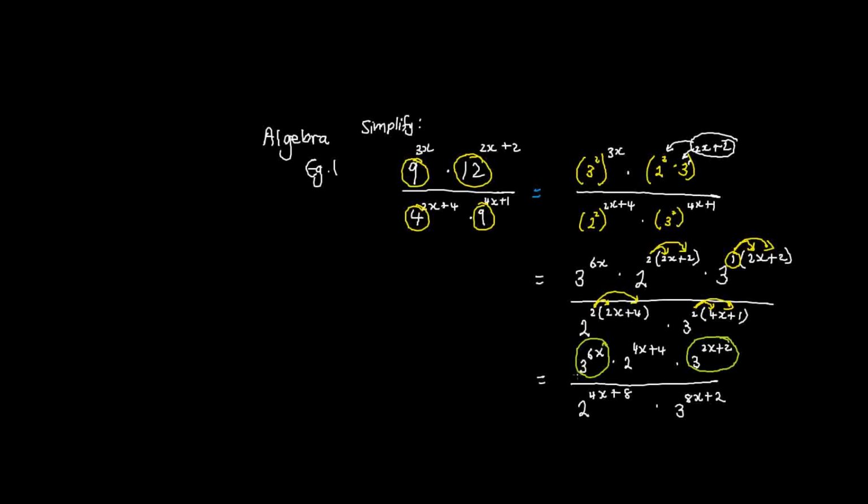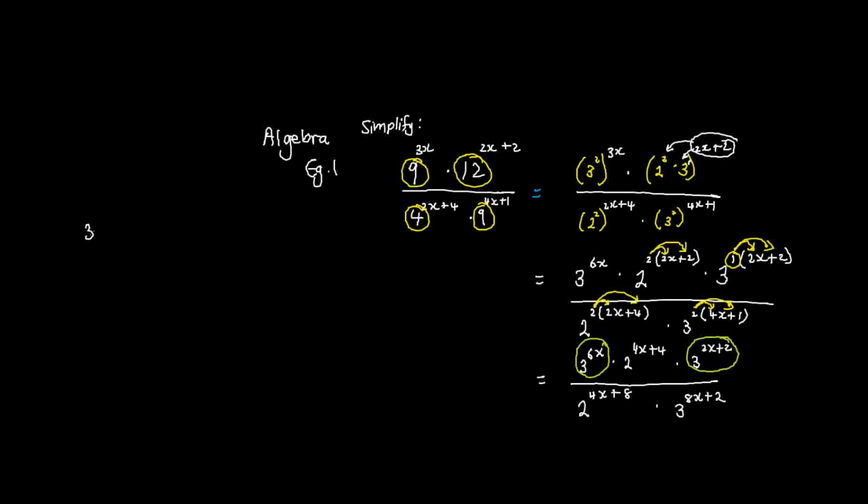Because what I would like to do is say 3 raised to the power of 6x plus 2x plus 2 minus the expression in brackets, which is 8x plus 2, and that I can do in one step. But for now, let's just simplify the numerator first, so that we're all on the same page. The first law of exponents: when multiplying and the bases are the same, we add the exponents.